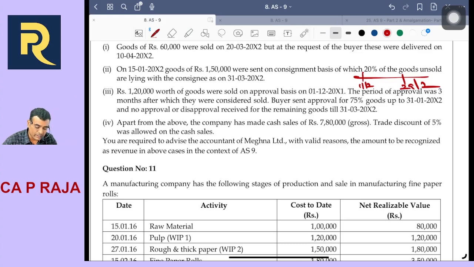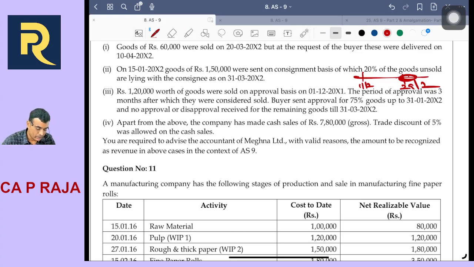If they do not respond within that, they were considered sold. Buyers gave approval of 75% of the goods up to 31/1/2022 and no approval or disapproval was received for the remaining goods till 31/3/2022. Tell me what is the value of sale? Value of sale is 1,20,000 because the period of approval expired on 28/2. After that, if they do not reply, it is assumed that they accepted.